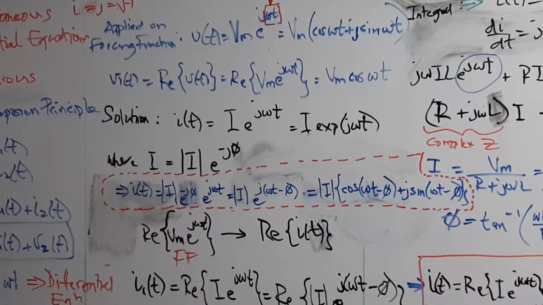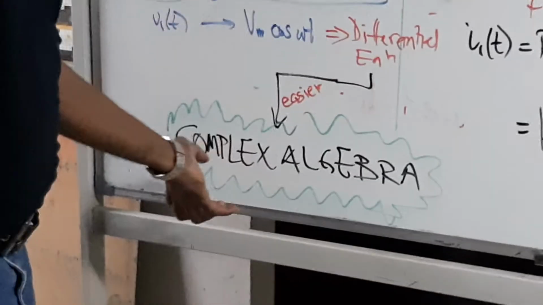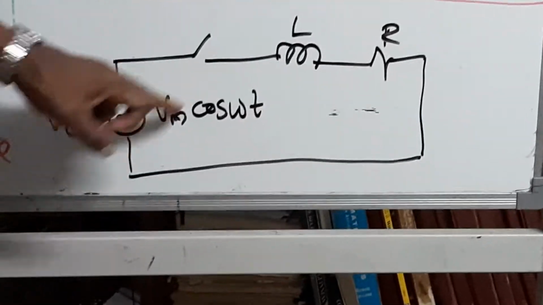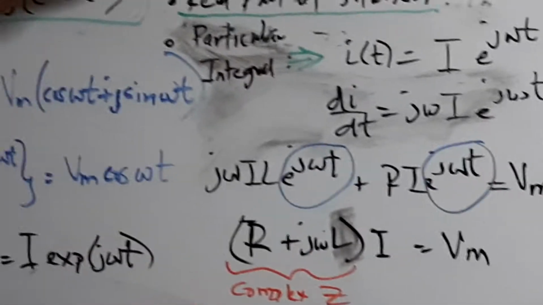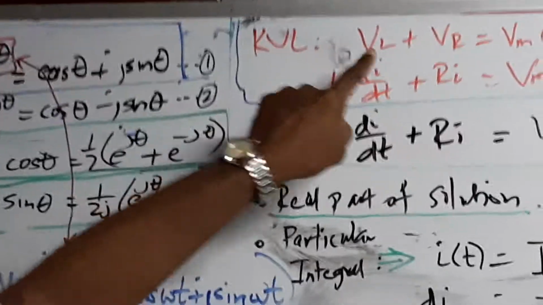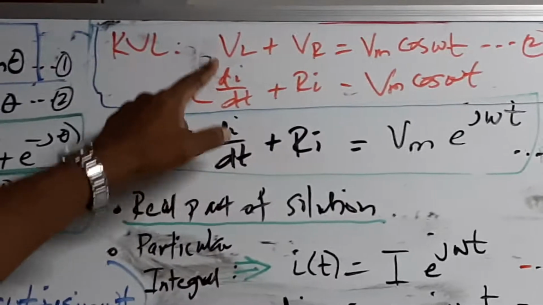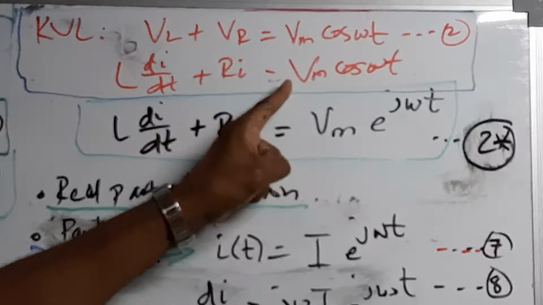Right, now that we've discussed how to resolve this using complex algebra or complex notation, let's apply this then to the RL circuit that we had initially, right? Reproducing here, reminding you again that we applied Kirchhoff's voltage law, VL plus VR equals Vm cos omega t, equation 2, which is L di dt plus Ri is equal to Vm cos omega t.